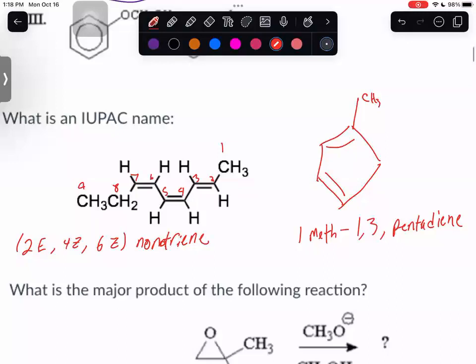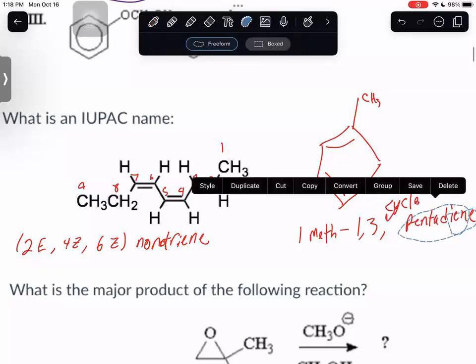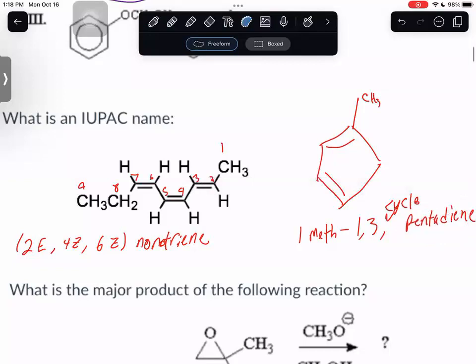Cyclo, exactly. If I don't write cyclo, then that's just going to be a linear carbon chain. There you go, cyclopentadiene, and that's it. Great job, Sam. Okay, any other questions on IUPAC?